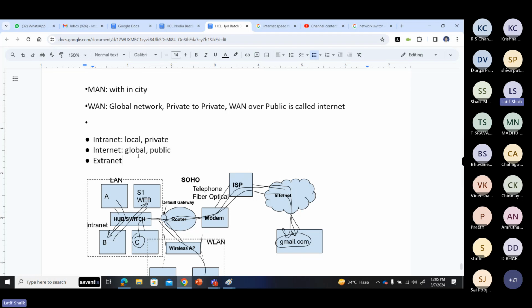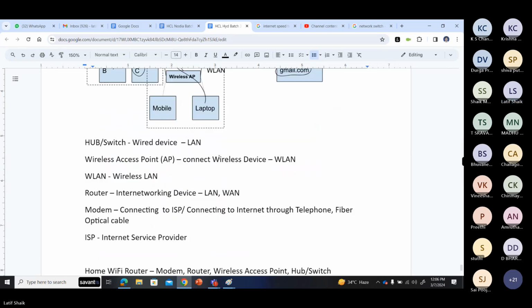When you make communication between these two LANs, that is an extranet. You can search it once the class is done: what is internet, what is intranet, what is extranet. It's about accessing outside of the private network. And of course, there is also the VPN concept.